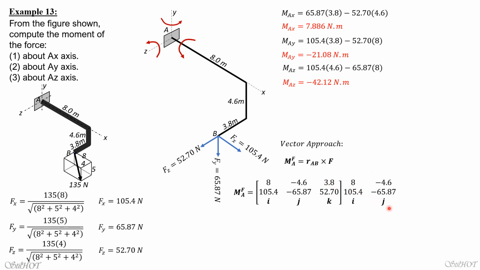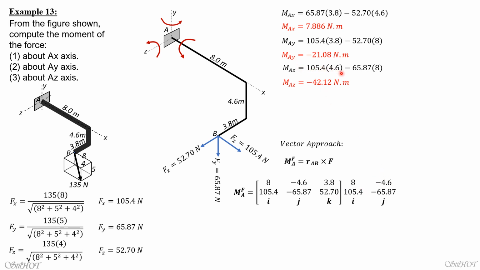Then for j, this is the positive direction. So 105.4 times 3.8 positive, minus that term, 52.7 times 8. It's the same. Then for k, we have negative 65.87 times 8, minus this product, minus 105.4 times negative 4.6, that's positive, so 105.4 times 4.6.